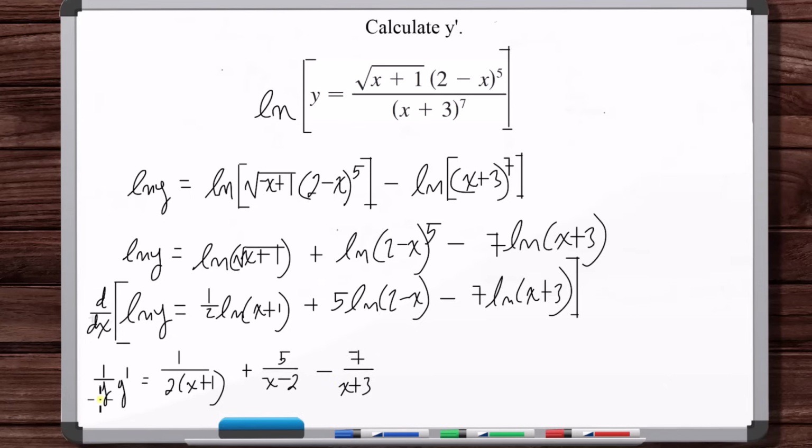All right, now if we multiply this entire equation by y, we get y prime is equal to y times this. So just substitute y back in.